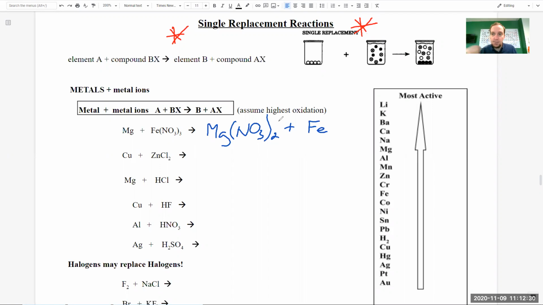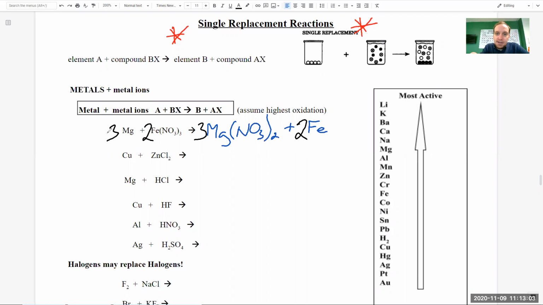If I have 2, multiply it by 3, I still get an even, right? So I'm going to go ahead and put a 2 here and a 3 there. 2 times 3 gives me 6 nitrates. 3 times 2 gives me 6 nitrates. So my nitrates are now balanced. But, of course, what I did to my iron and what I did to my magnesium need to be corrected. So there is the correct single replacement reaction that would occur from magnesium reacting with iron 3 nitrate.